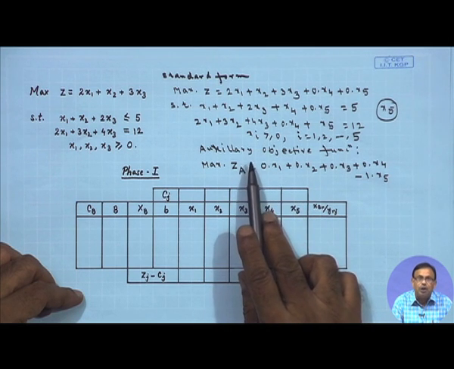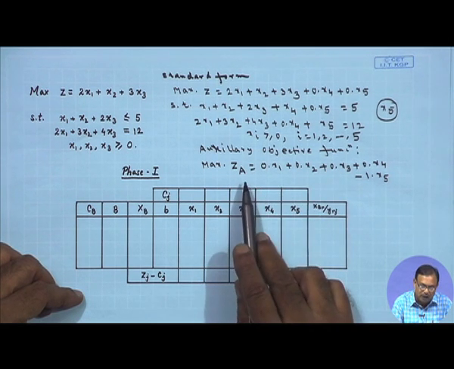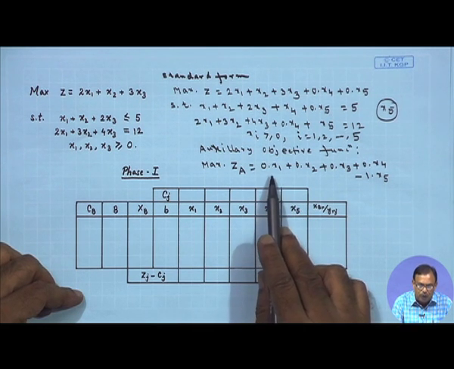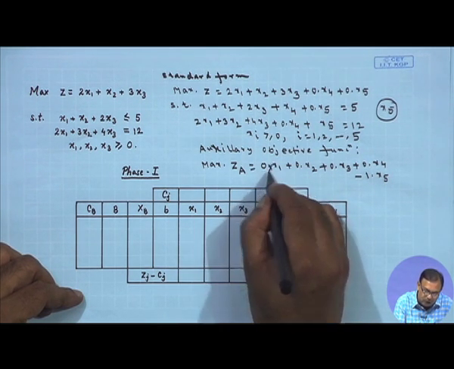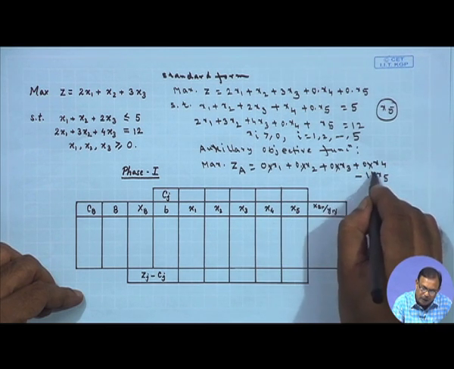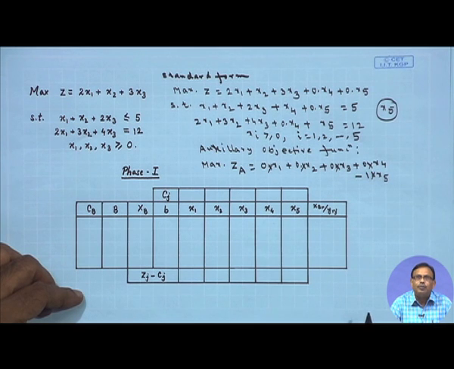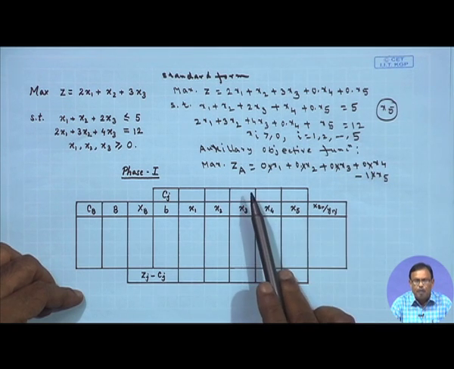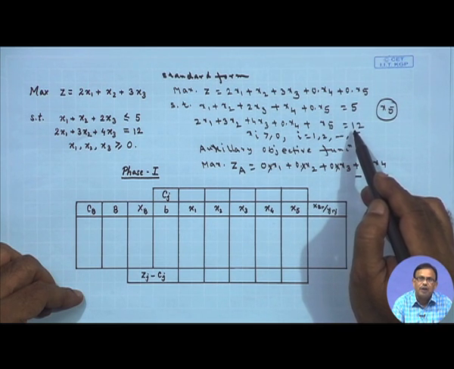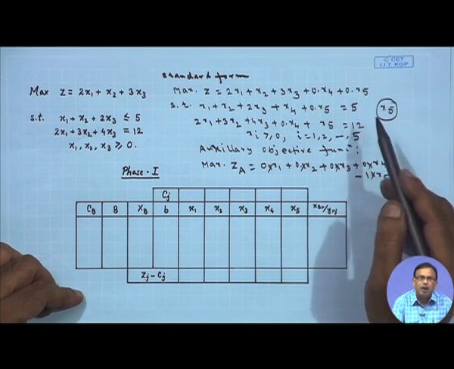So, now your new auxiliary objective function is maximize za equals 0 into x1, 0 into x2, 0 into x3 and minus 1 into x5. So, your problem is maximize za subject to these two given constraints using the simplex algorithm.